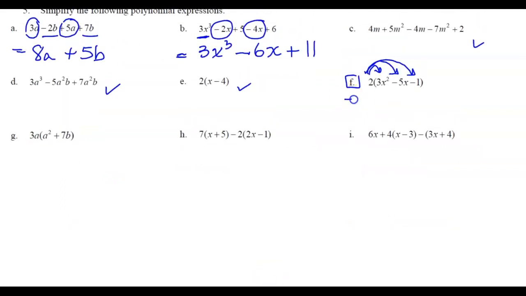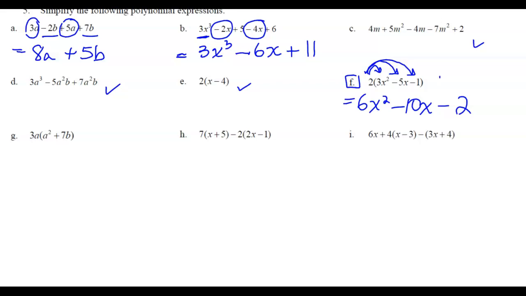You're multiplying, so that's 6x squared minus 10x minus 2. Okay, that's simplifying. Sometimes we say expand and simplify. Next week we'll do factoring, where we go from this and we go backwards to that factored form. Okay, but we're expanding and simplifying.